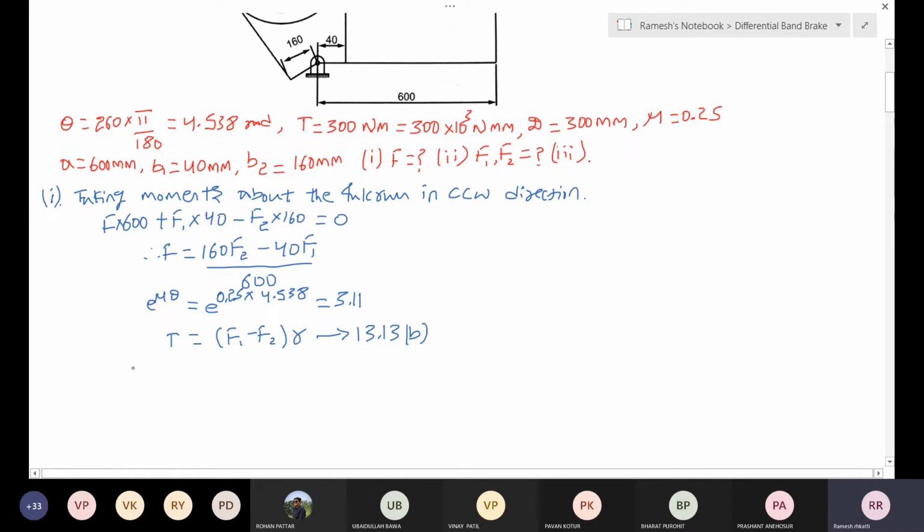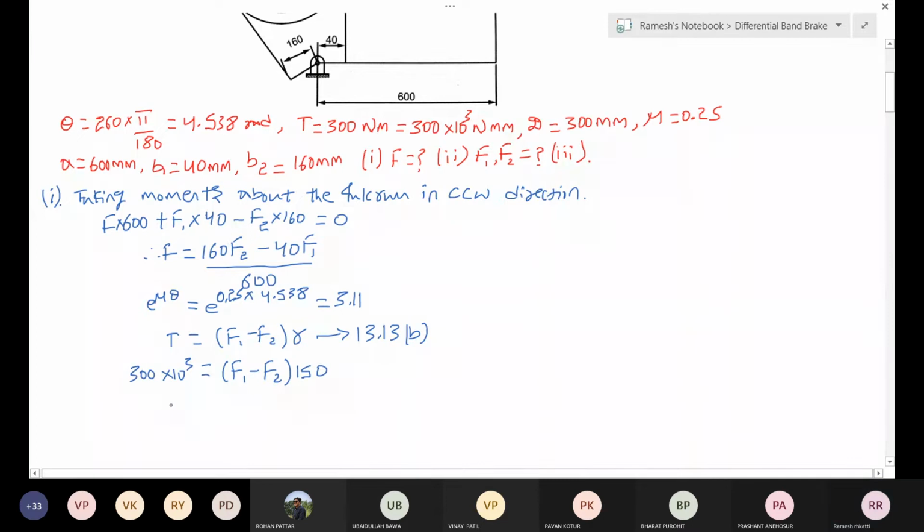It is 300 into 10 raised to 3, equal to (F1 minus F2) into R. F1, F2 is not given, so just substitute afterwards. Substitute the value of R. Diameter is given, here you can see that diameter is 300. Therefore radius is d by 2, 300 by 2 is 150.